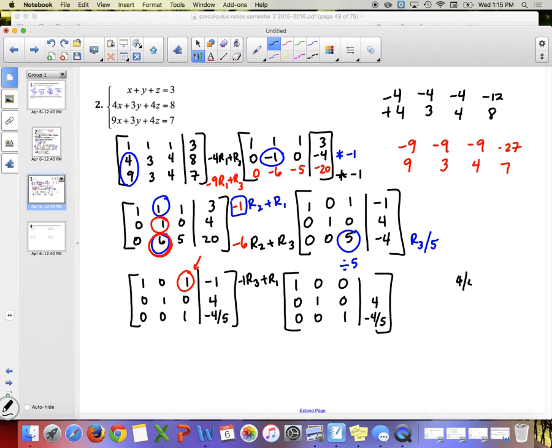So if you have 4/5 added to -1, what do I get? Close. It's 4/5 minus 5/5, -1/5, right? Does that make sense? So that means our answers are x equals -1/5, y equals 4, z equals -4/5. And we're done.